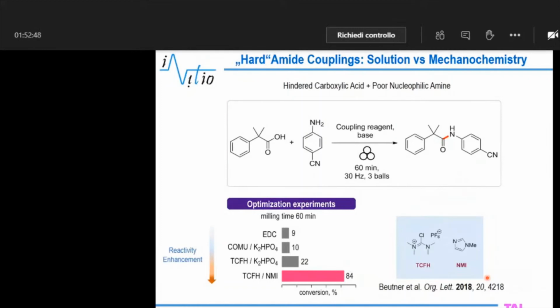But of course, we need to select slightly different conditions, a more reactive combination of coupling reagent and base, which was discovered by the Beutner group and reported recently. This is the TCFH reagent and NMI, N-methylimidazole, as a base. So it works, and it works again approximately 24 times faster than in solution.